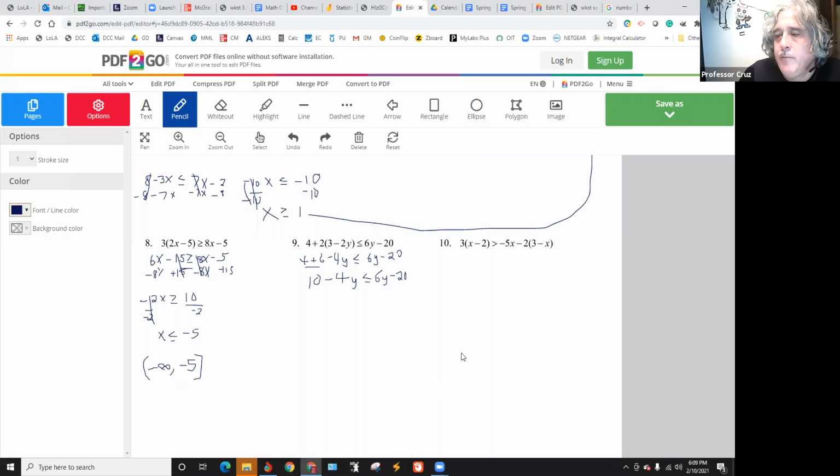All right. So again, you've got two ways you can proceed. If you want to collect your variables on the right side, you're not going to have to worry about that. But it could be slightly confusing because your x is going to be on the other side. So let's just go ahead and try to isolate on the left.